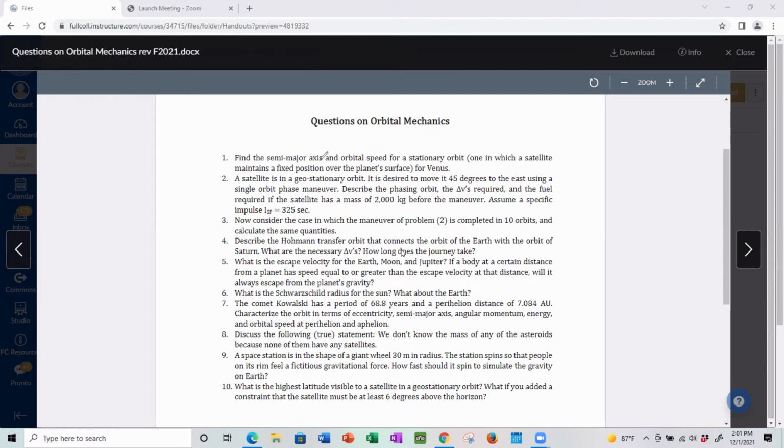Now, I want to know the orbital speed. Well, we just discussed the fact that the orbital speed v for a circular orbit is the square root of gamma divided by a. And we know a, and we know gamma. So Joshua, go ahead and tell us what V is.